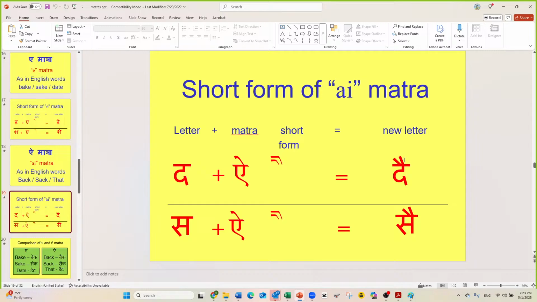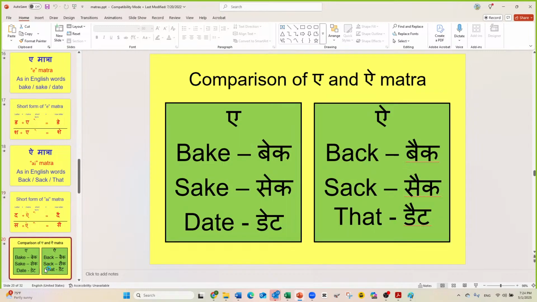You write it like this, two matras, then like that. Look at these sounds: A matra, bake; A matra, back; A matra, sake; A matra, sack; A matra, date; A matra, that. Don't worry about the English spellings. Only listen to the sound. Understood the A matra and A matra? Any questions about it?